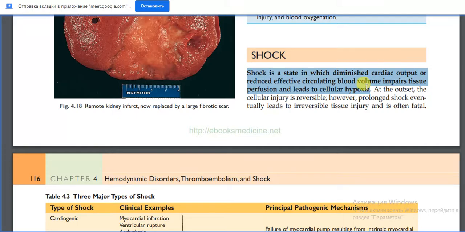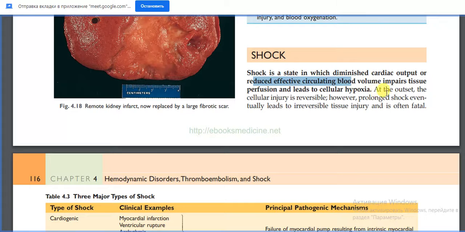Actually, shock is always diminished cardiac output, or reduced effective circulating blood volume. In shock we always have decreased blood pressure. Everything else is not shock. If we have decreased blood pressure, it's a shock.